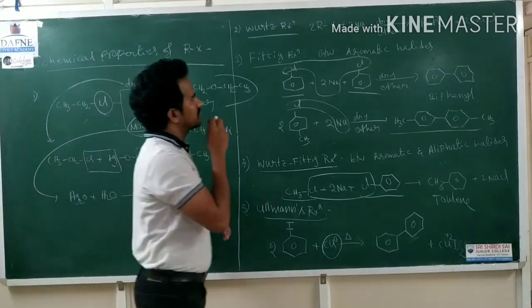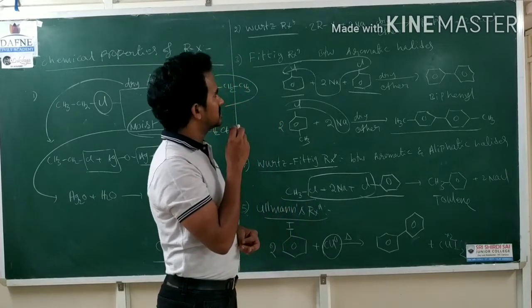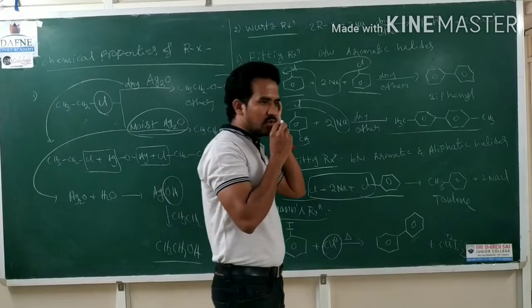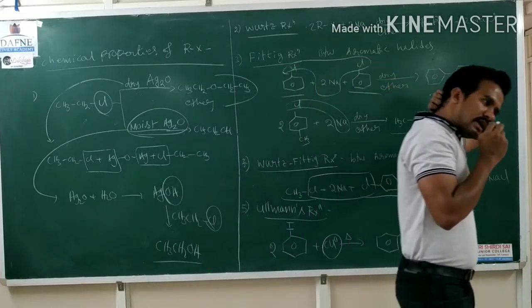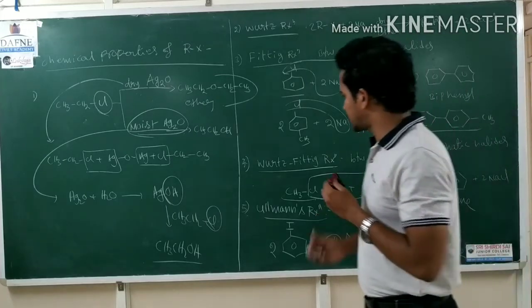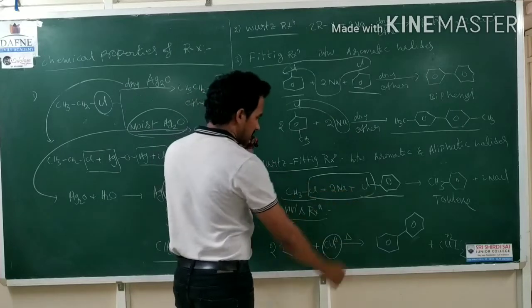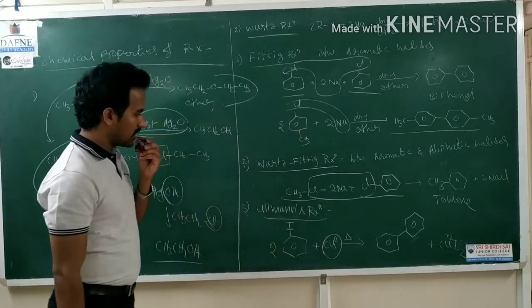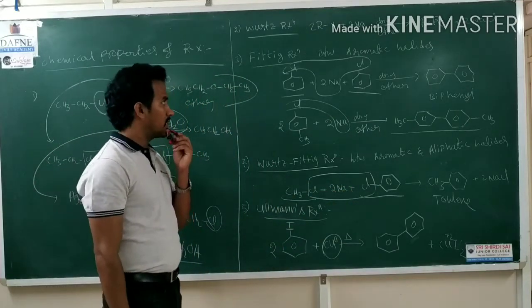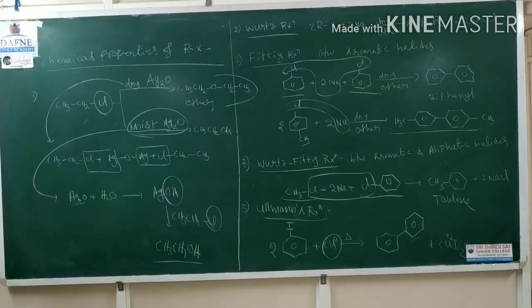Then the Wurtz reaction, which you studied in first year under alkanes. The Fittig reaction is similar, but here the halide is an aryl halide. And next, the Wurtz-Fittig reaction, between aliphatic halide and aromatic halide. And the Ullmann reaction in the presence of copper. First of all, write down this one.